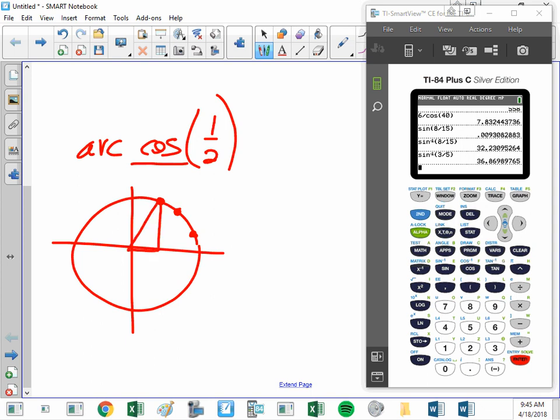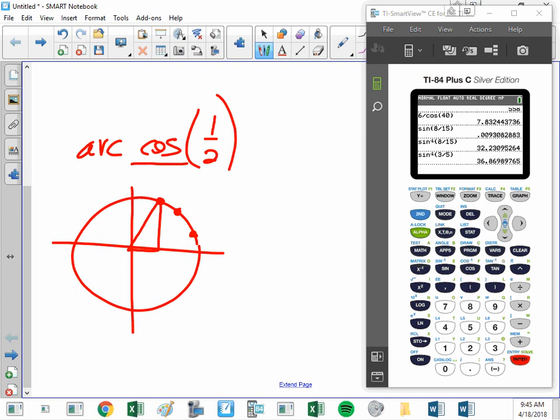Look at your unit circle. It's 60 degrees. Okay? Now this is a little bit weird. Are there any other angles that have an arc cosine of 1/2? 300 is the same. And then you could do coterminal angles. You could say negative 300, or you could say 360 plus 60 is 420.